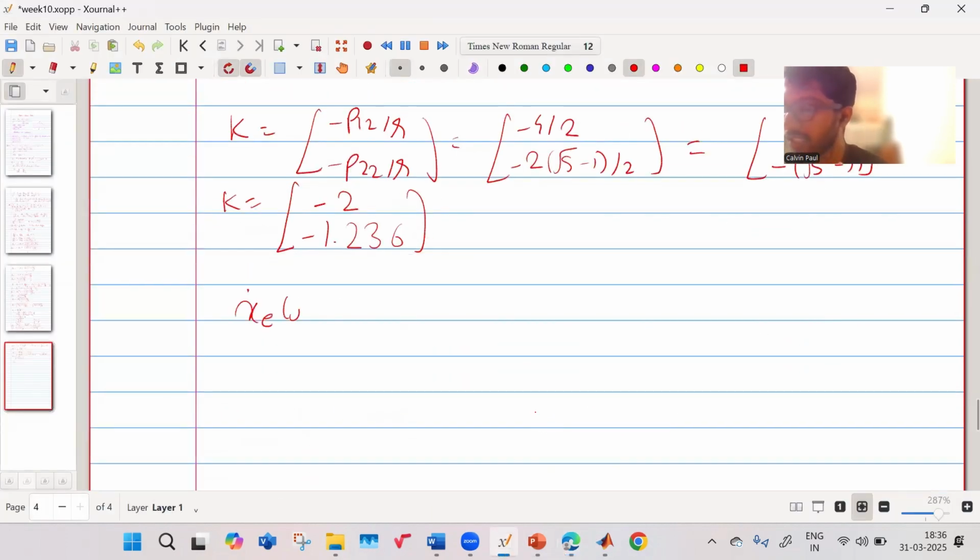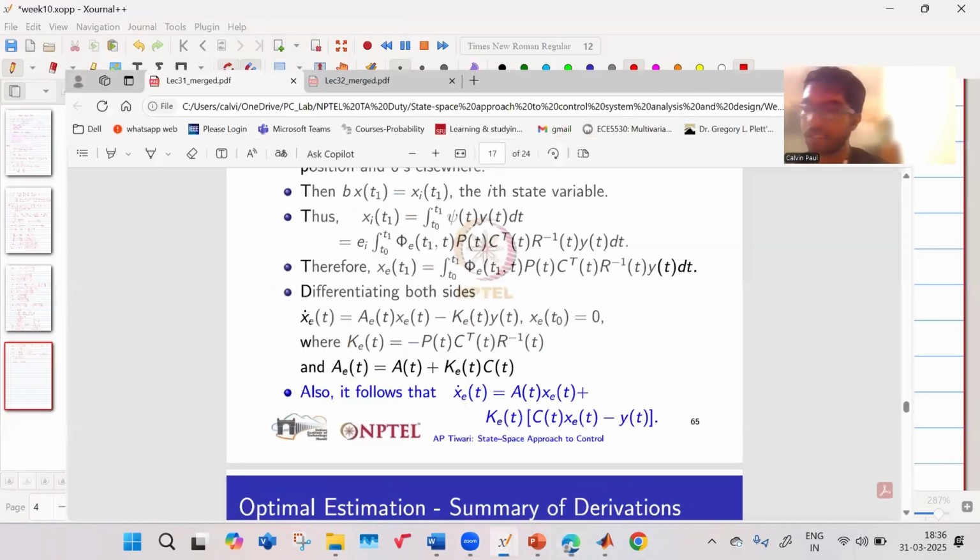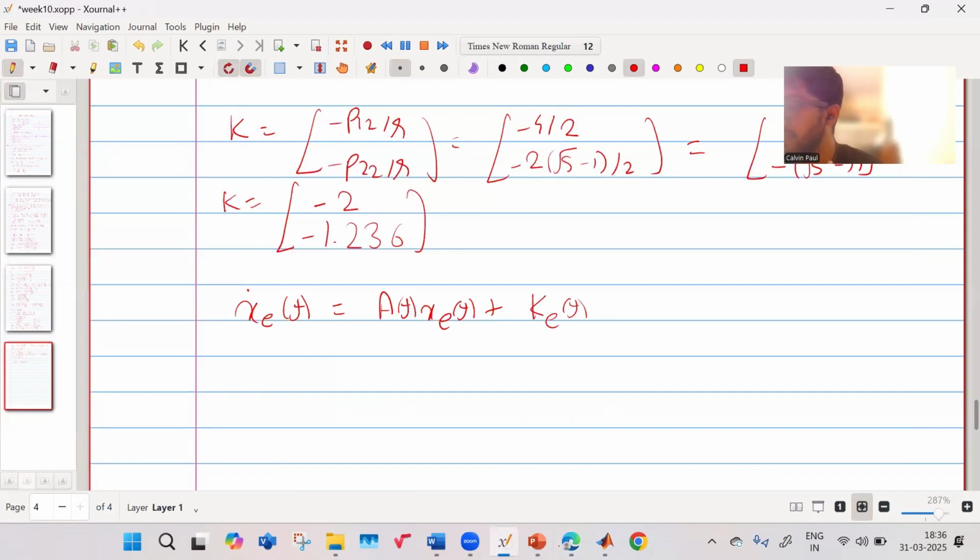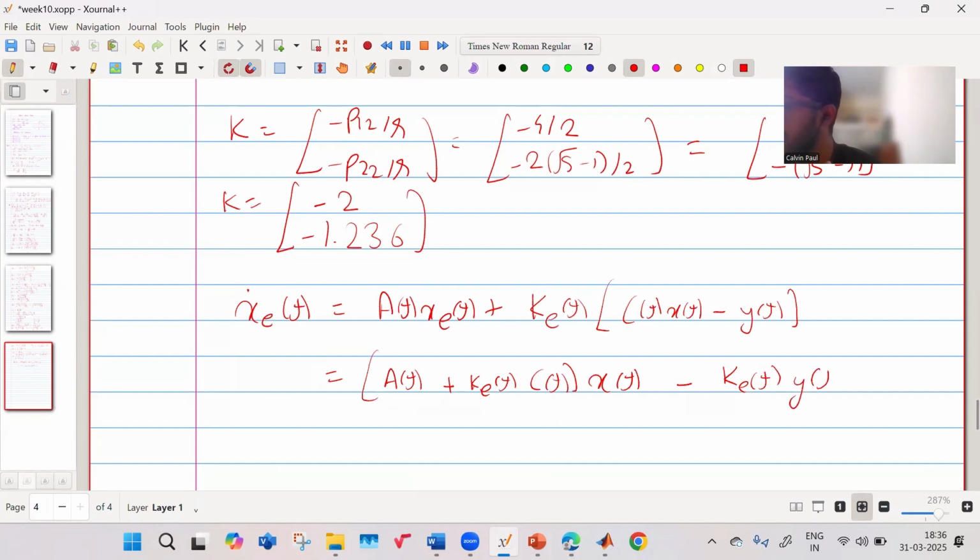We have x hat dot, the estimated state, is A x hat of t plus K into C of t x hat of t minus y of t. So this becomes A plus K C of t into x of t minus K into y of t.